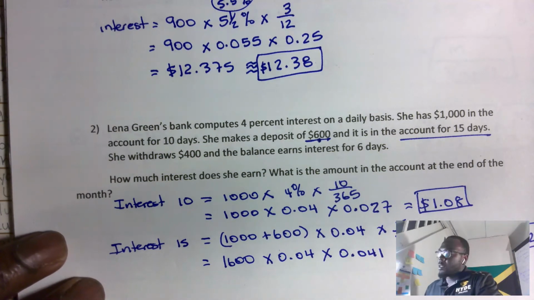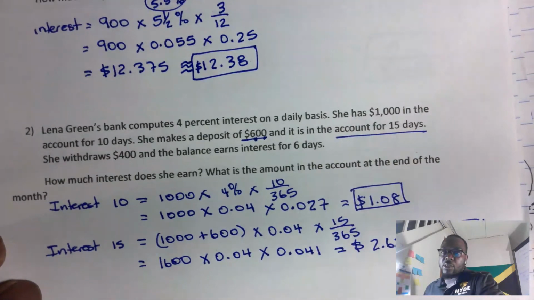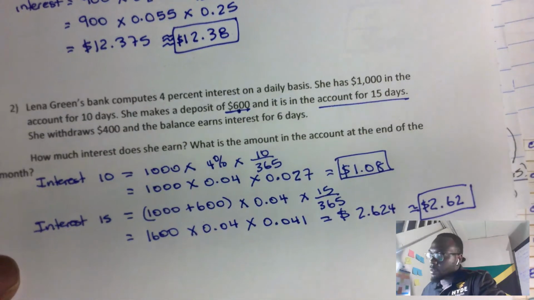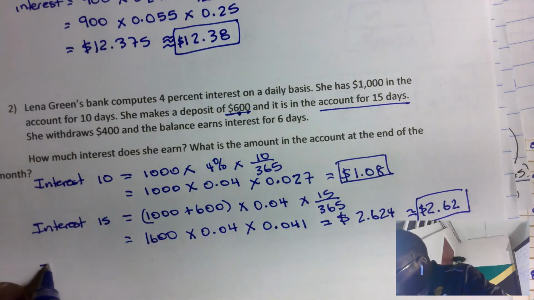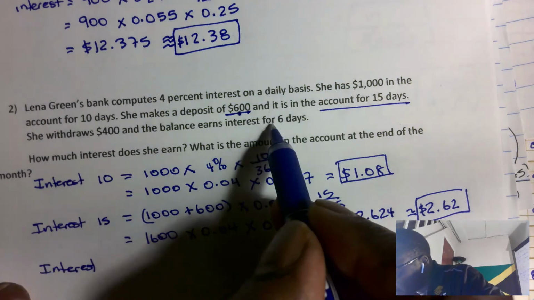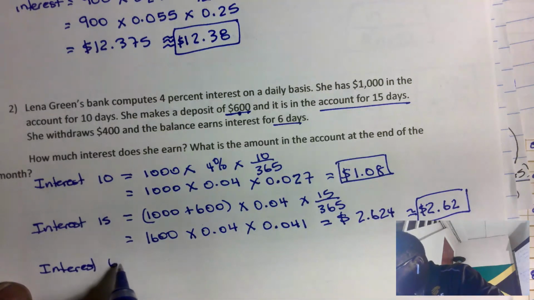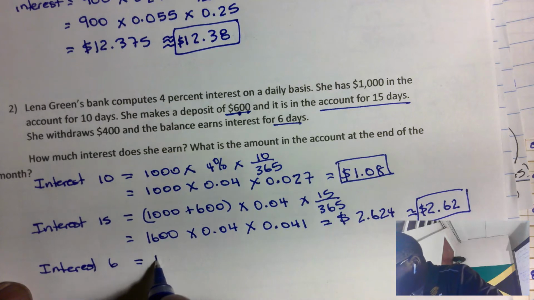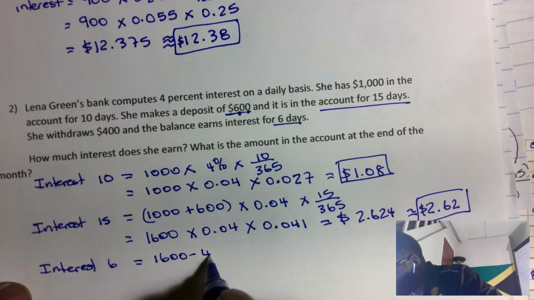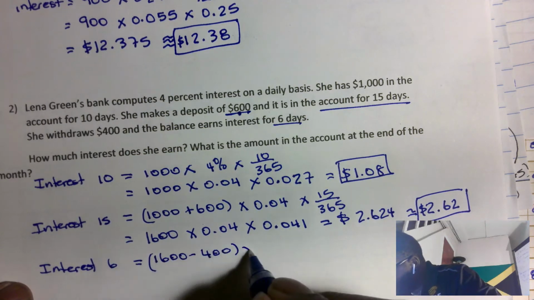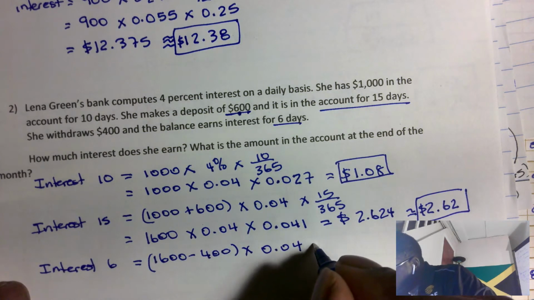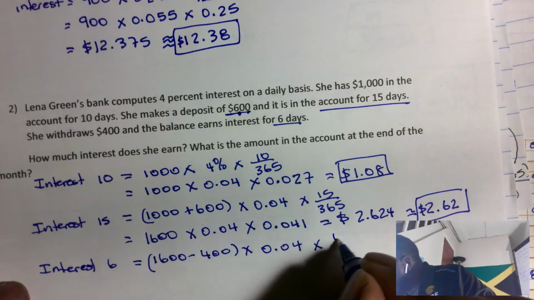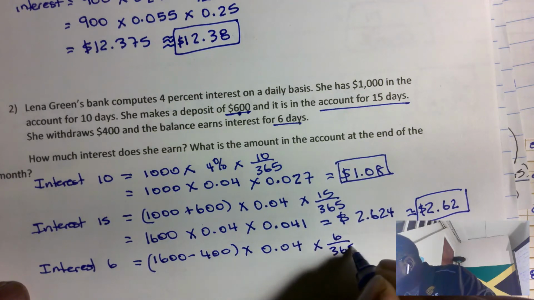Okay, all right, so now we're going to go to the third part. It says she withdraws $400. So the interest this time, and they said it lasted for 6 days, for 6 days is equal to 1,600 minus 400, times 0.04, times 6 over 365.